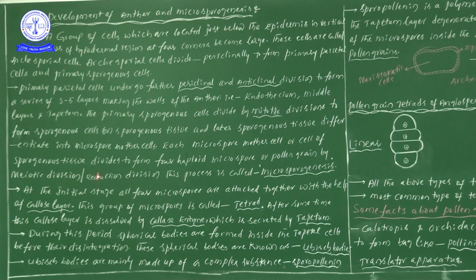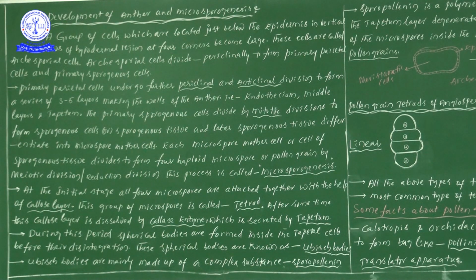So the microspore mother cell, depending on which kind of division, meiotic division or reductional division, when it undergoes meiotic division, definitely leads to the formation of 4 haploid microspores or pollen grains.